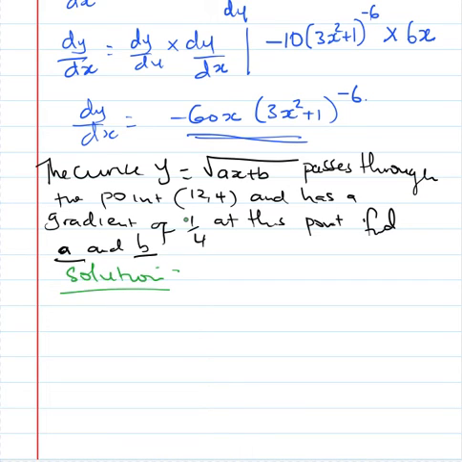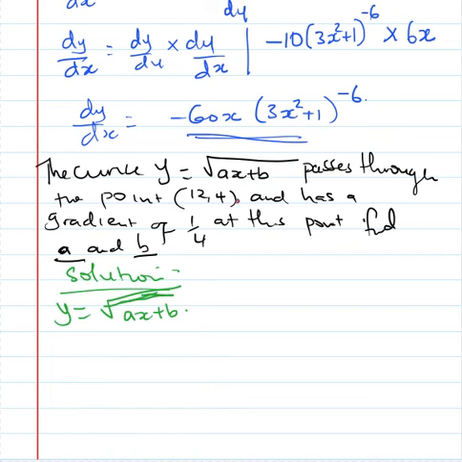Solution. Remember, I told you dy/dx is the same as the gradient of a curve. So when they say find the gradient of a curve at a certain point, we have to differentiate and find the derivative. So let's start. y is equal to the square root of ax plus b. This is the equation that they gave us.